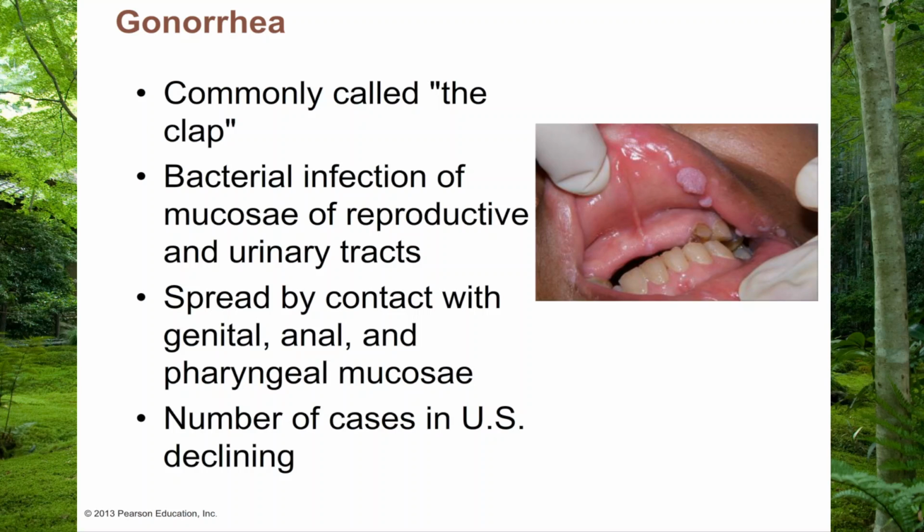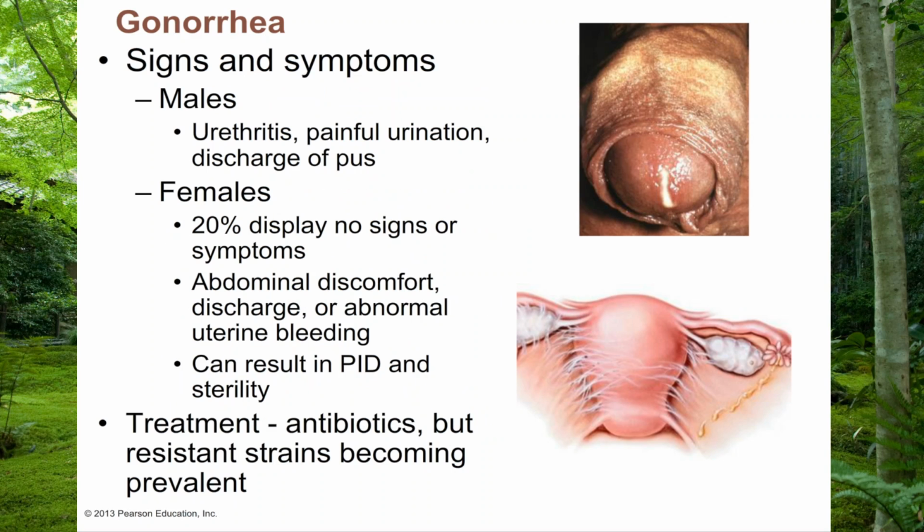Now in males, gonorrhea typically manifests itself as urethritis, that is inflammation of the urethra, painful urination, and as you can see on the right, discharge of pus from the penis. Now in females, many will be asymptomatic, that is 20% will have no symptoms.